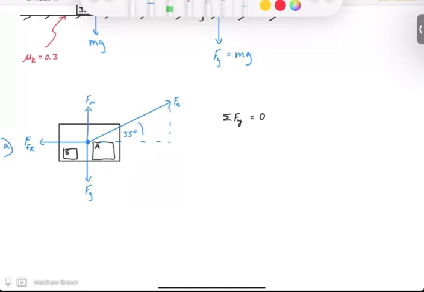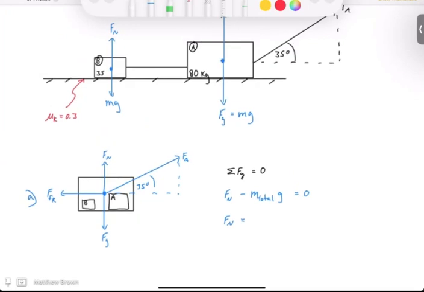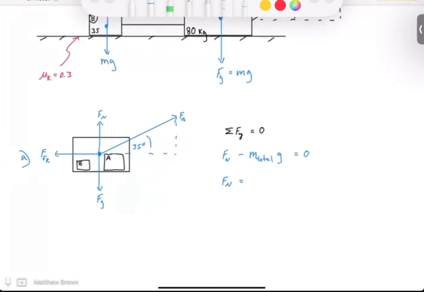I've got the normal force up minus the force of gravity on the whole thing. And so that means Fn, since the m total g is negative, I can move that to the other side. It becomes positive, equals the total mass, which is 35 and 80.